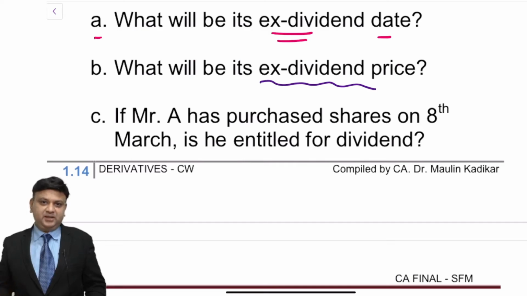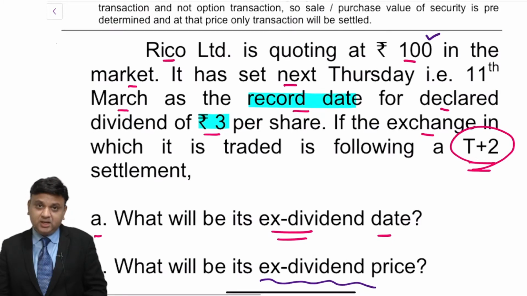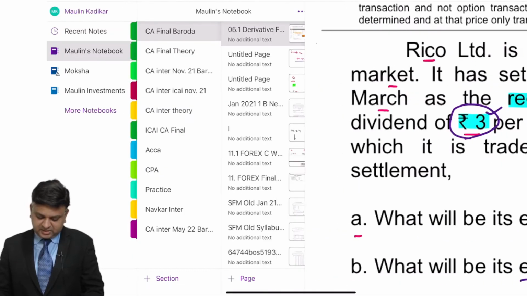Importantly, remember that whenever we have been provided with the information about the price of the security along with the dividend information, then it is always assumed that the current market price of the equity share is inclusive of the present value of the dividend effect. Just write down a note for this.